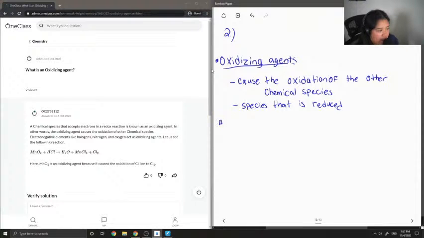So as you can guess, the opposite of this is reducing agent. So reducing agents cause the reduction of the other chemical species.